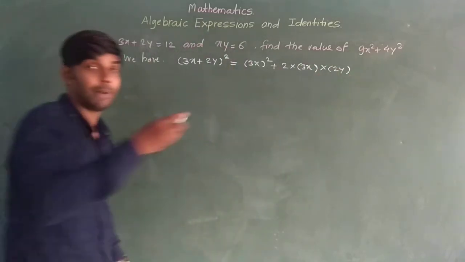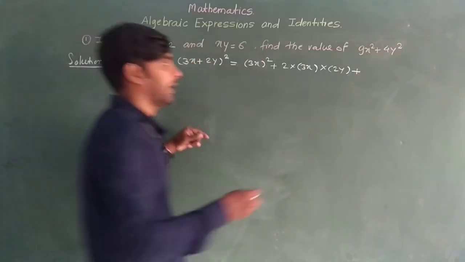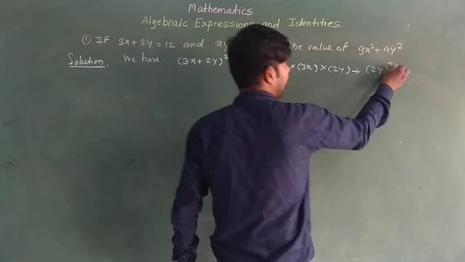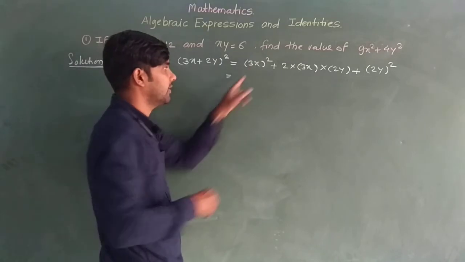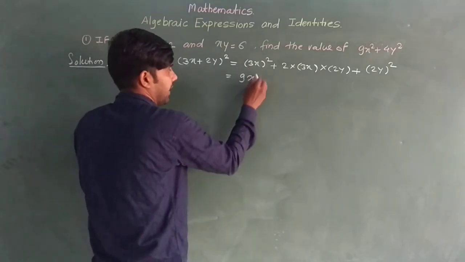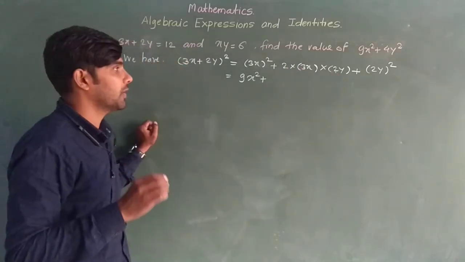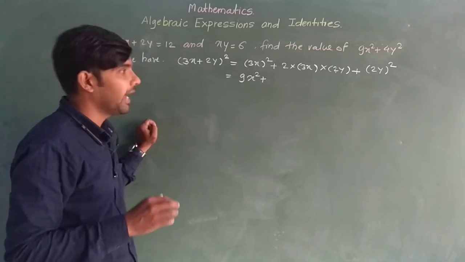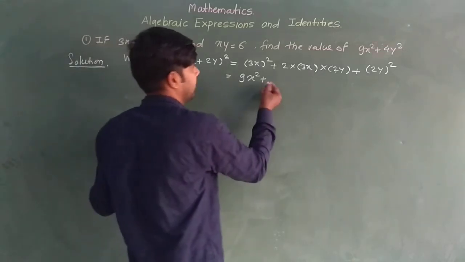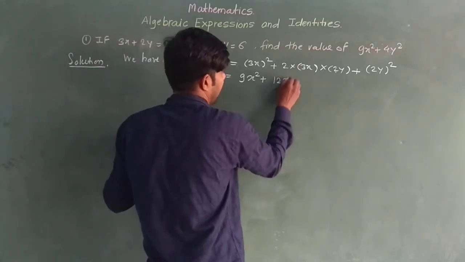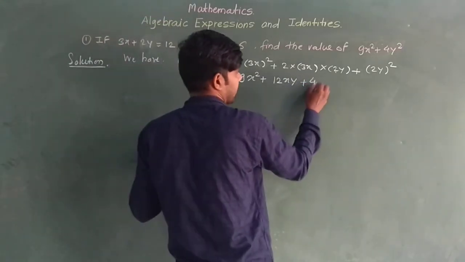that is 2 multiplied by first term multiplied by second term, plus again the square of the second term, that is (2y) bracket square. So we simplify this: (3x) square, 3 square is 9x square, plus 2 multiplied by 3 multiplied by 2, the numerical coefficients of x and y being 3 and 2 respectively. 2 into 3 into 2, how much? 12. 12xy plus the square of 2y, 2 square is 4, y square is y square.